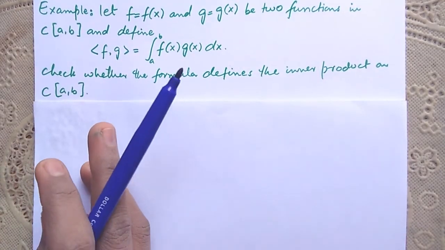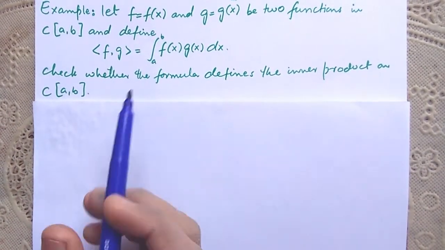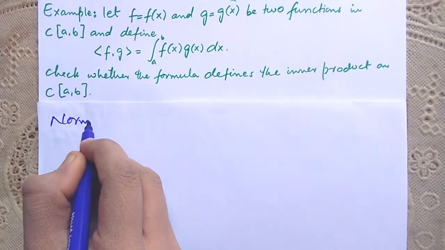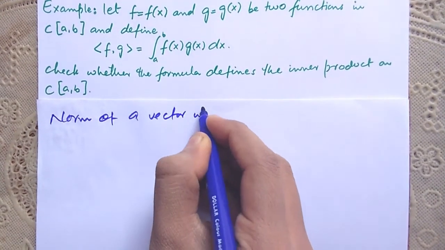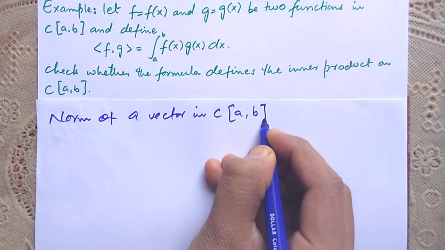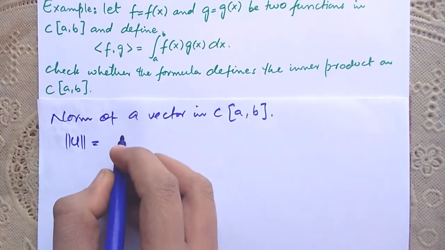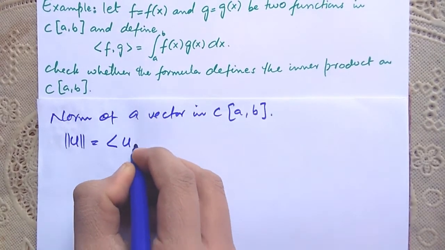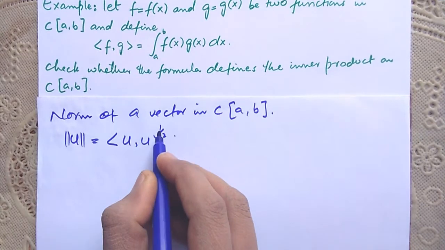Now if we are asked to find the norm of a vector in the set of continuous functions, then how do we define the norm of a vector in the set of continuous functions from a to b? The norm will be the product of u with itself whole power 1 upon 2.